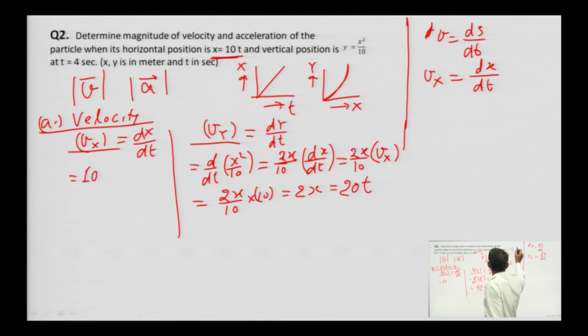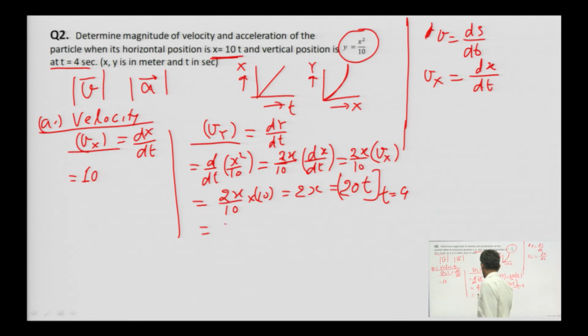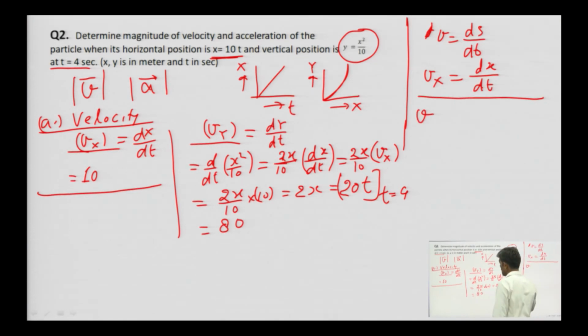And here, y is equal to x square by 10, at t is equal to 4 second. So, what will be the value of t? t will be 4. So, it is how much? It is 80. So, the x component and y component of velocity are known to us. Then the vector form is 10 i cap plus 80 j cap.